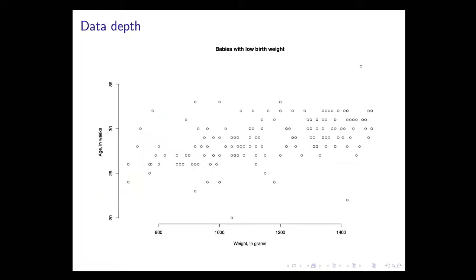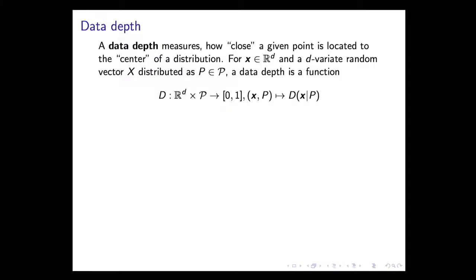So the setup: you have a data set, just an arbitrary data set, and you pick a point in the space. This is the red point here. You try to define how deep this point is in your data cloud, without taking in any assumptions, not speaking about distributions, but just using the data itself, to let the data speak.